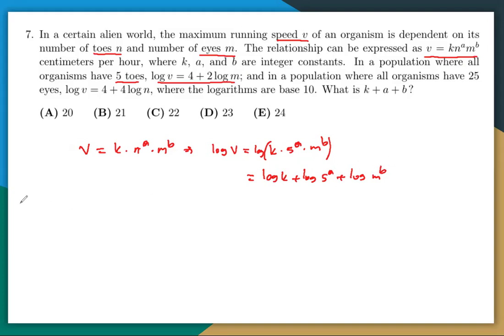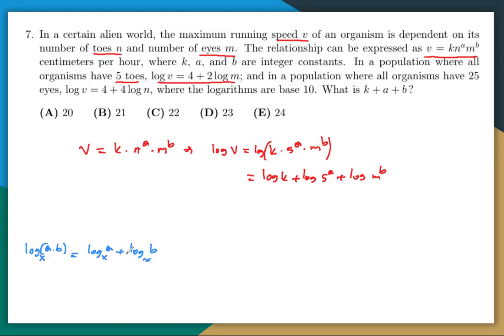Let me just write the properties real quick, just to refer to. When you have log base x of a times b, and I just write 2 factors, but you can have more than 2, this is equal to log base x of a plus log base x of b.